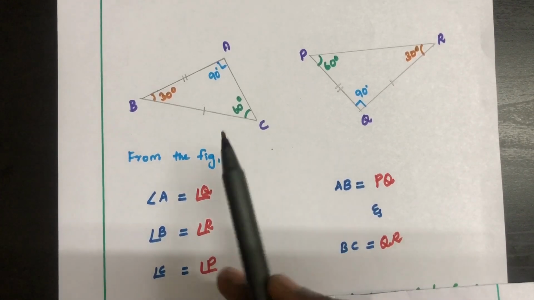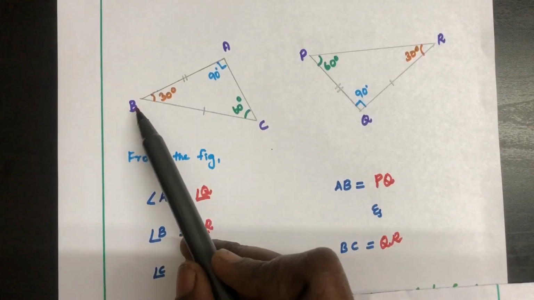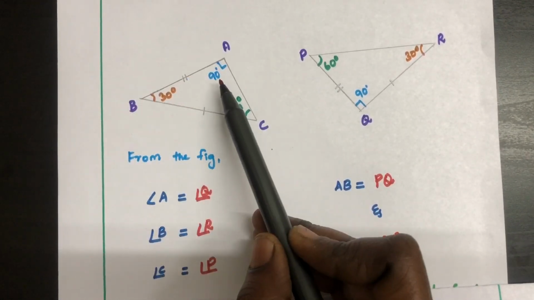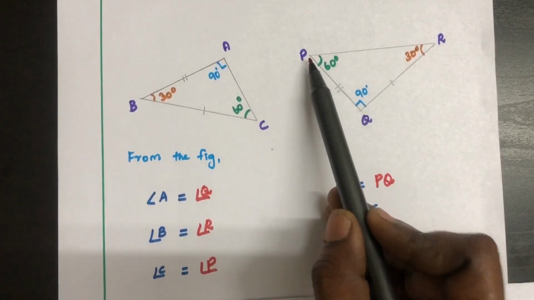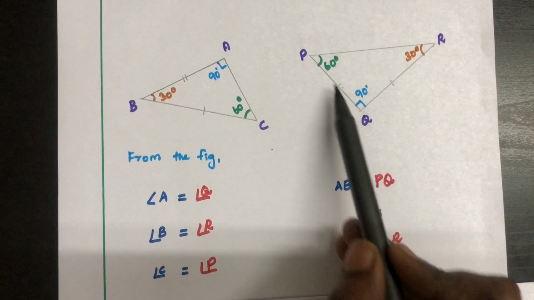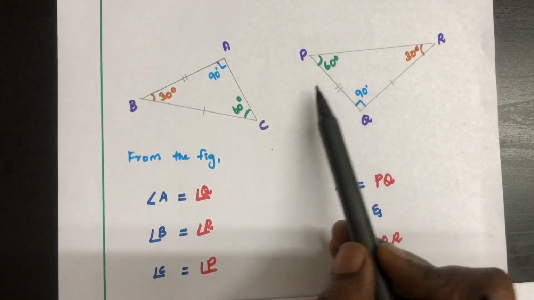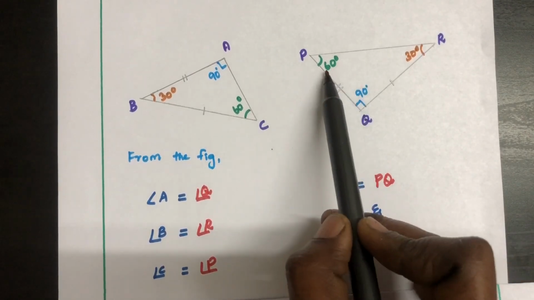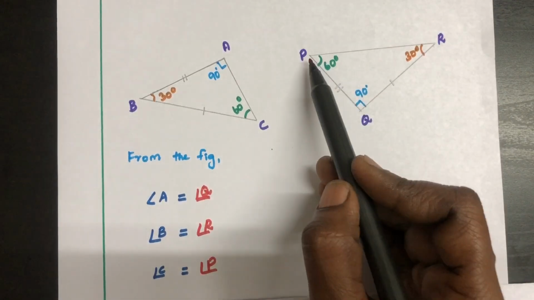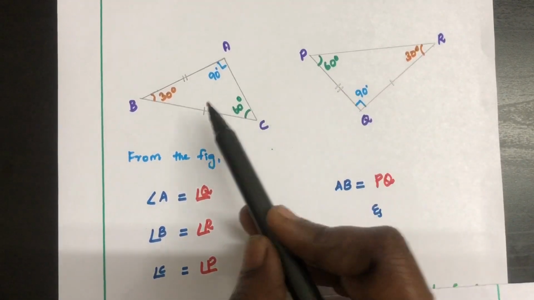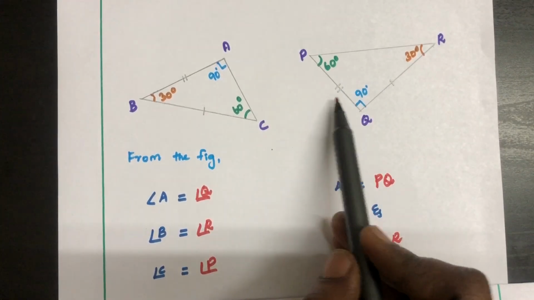But see one important thing. This side AB lies between 90 degrees and 30 degrees. But in this triangle, the same side PQ lies between 90 degrees and 60 degrees. So it won't work out. If the angles were the same, they would be congruent by the ASA property.